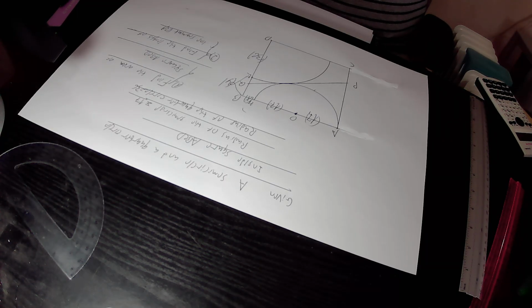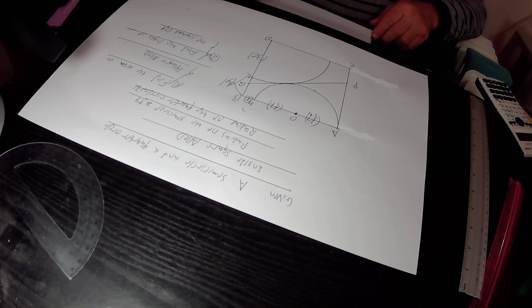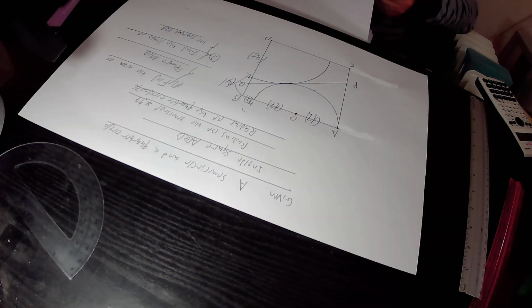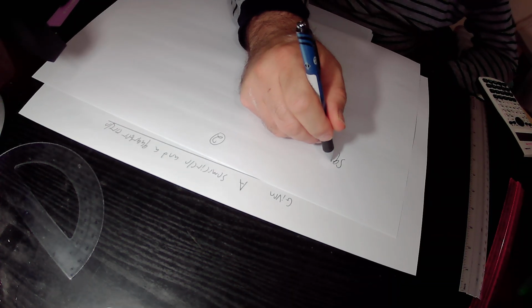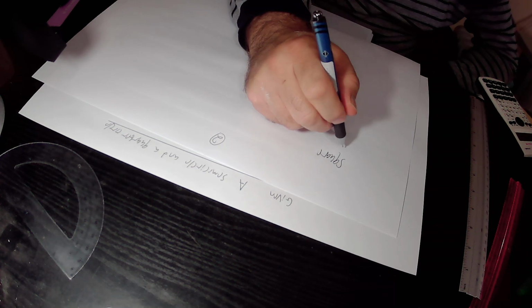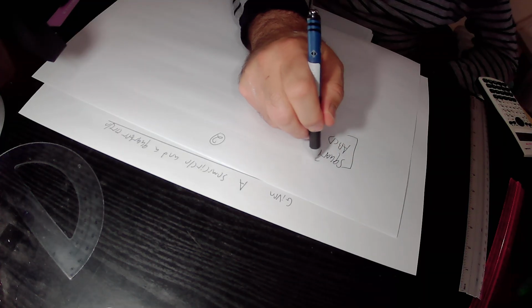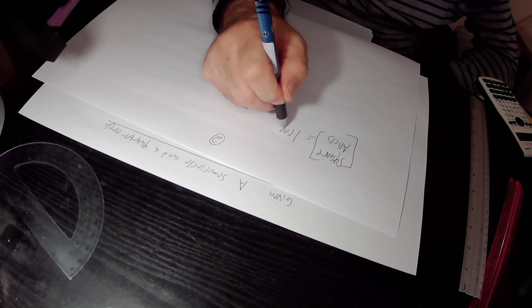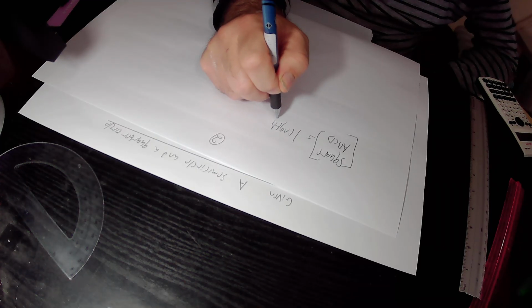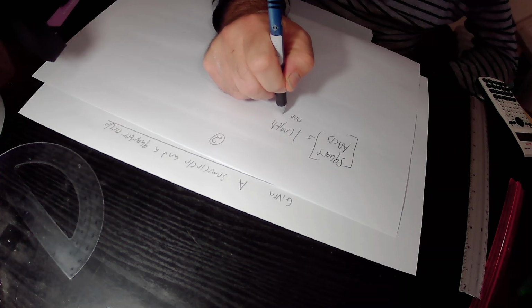So first of all, we have to find out the area of this square ABCD. What is the area of square ABCD? Actually, we know that the area of any square equals the length of one side squared.